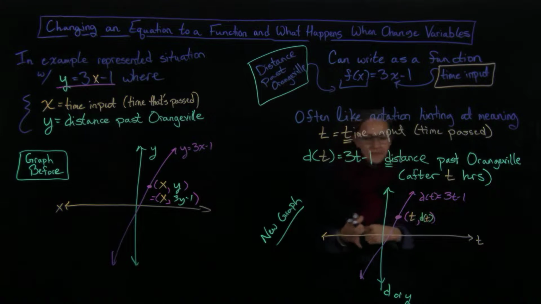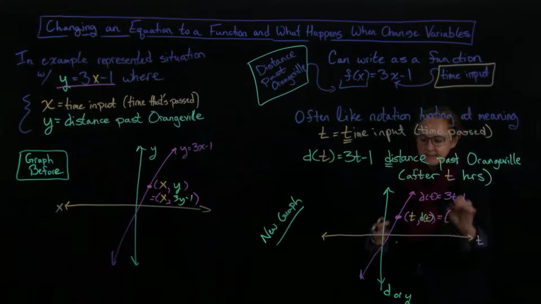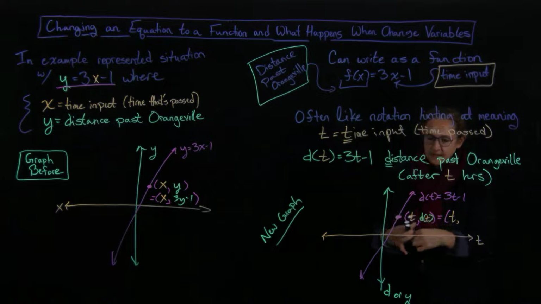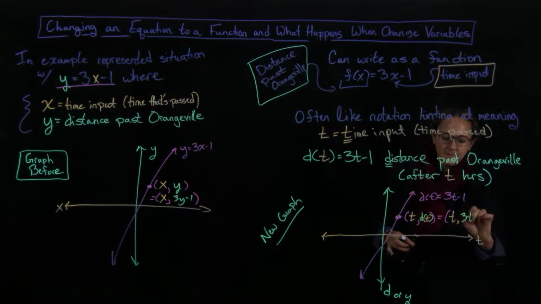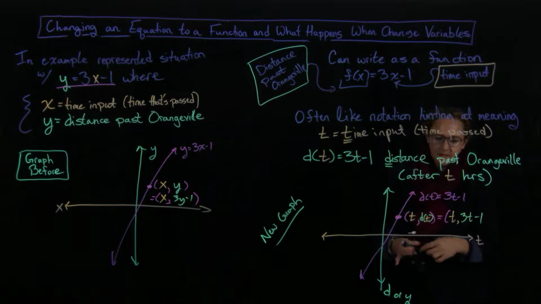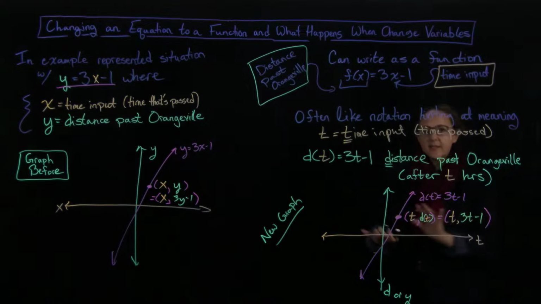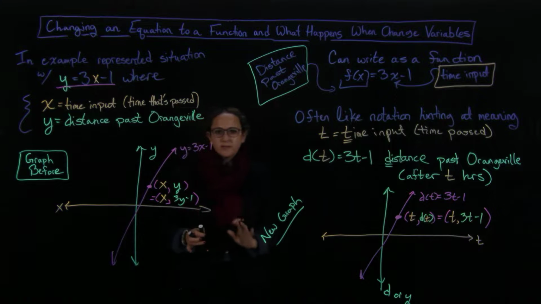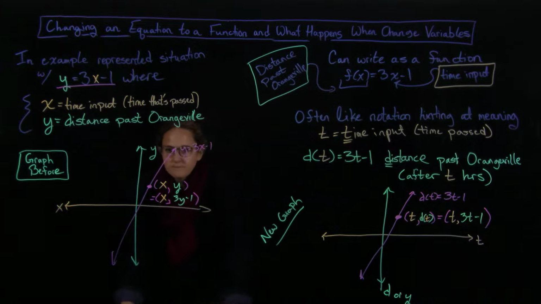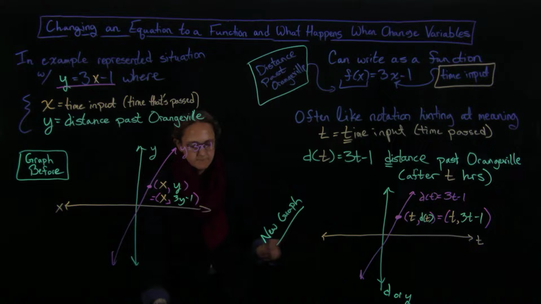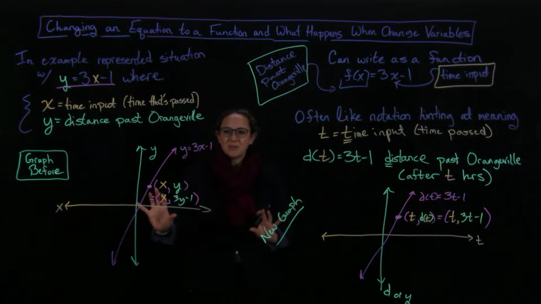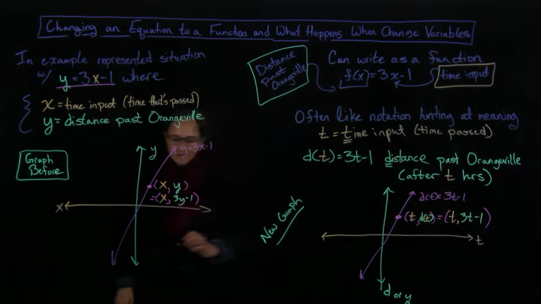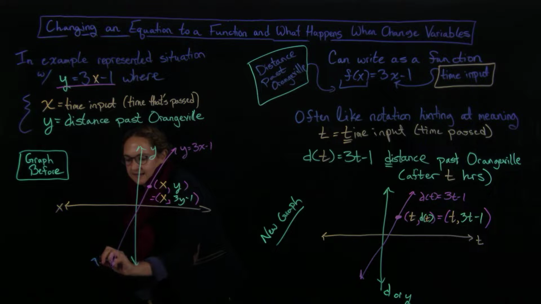But if you look at that, what is that actually? It's exactly the same thing. It's actually t, and then 3t minus 1, right? So the key point here is that these should look exactly the same. The only difference is that we could get between these by just interchanging x, y, and t, d.